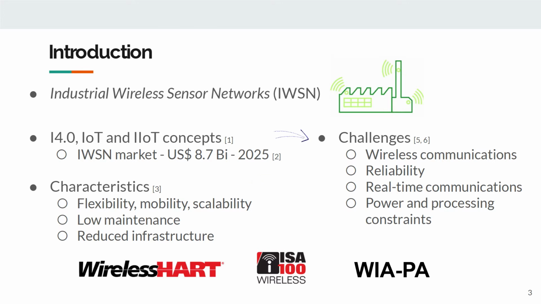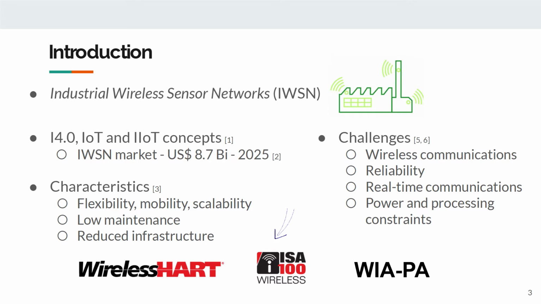But also we have some challenges involving the wireless communications, like shared medium, coexistence, interference, signal reflections, attenuation, and so on. Besides, we have applications requiring reliable, low latency, low power, and real-time communications.